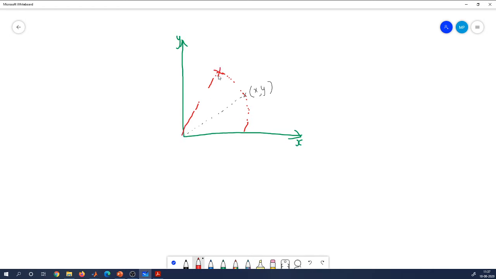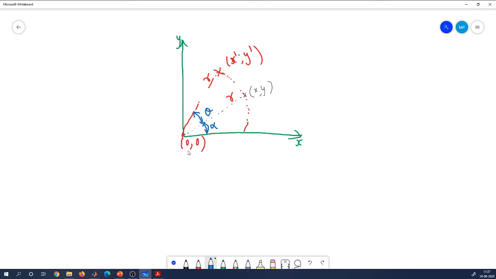So let's say this new point is x dash, y dash, and let's say the radius is r. The radius can't change, so this distance from the origin is r in both cases. Let's say this is theta, because we're using theta in the slides.